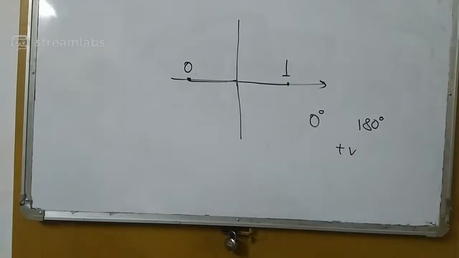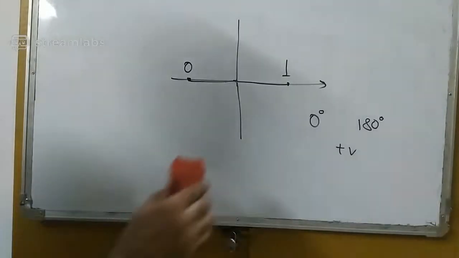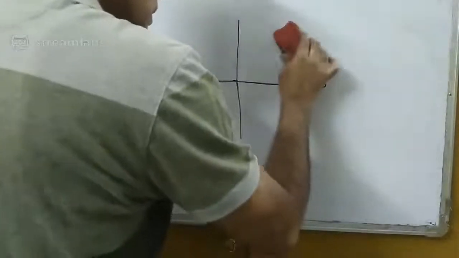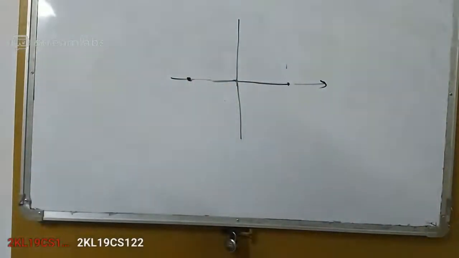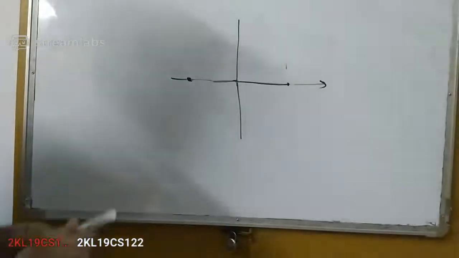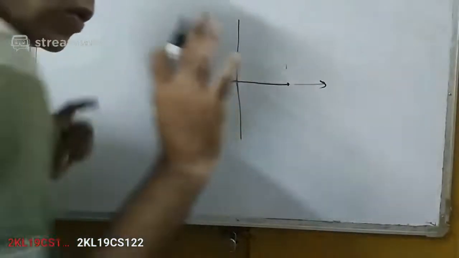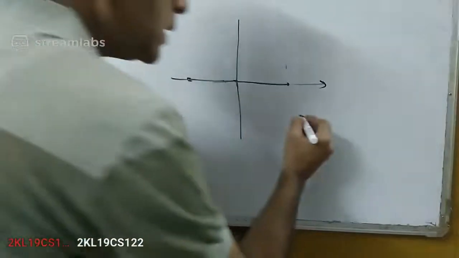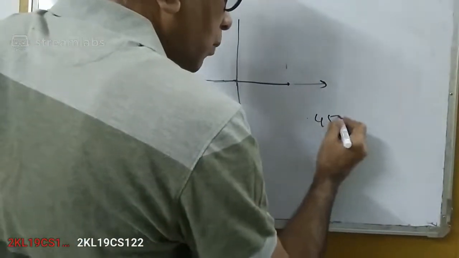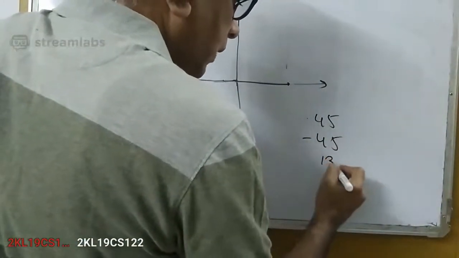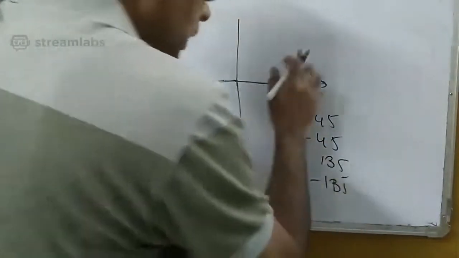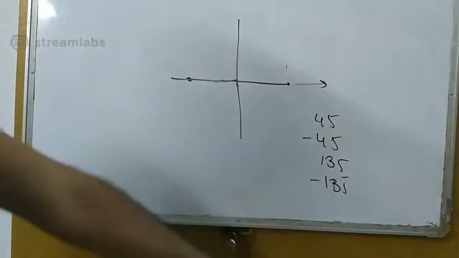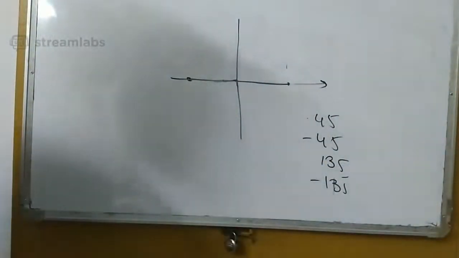Now when I talk about QPSK, just recall what we discussed in the last class, quadrature PSK, where I used four different phases, say 45, minus 45, 135 and minus 135. I need to represent this over here, and for all these four cases the amplitude will remain constant.